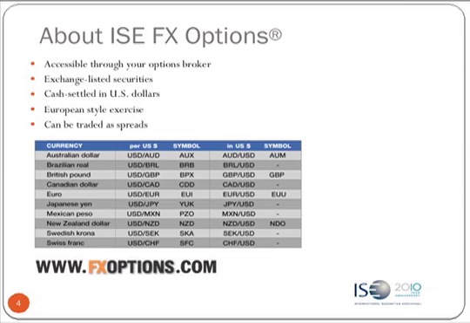You can have an opinion on a currency and get all the benefits of options, such as spread trading, buying a call, doing a condor, a butterfly, or a straddle like what we'll be discussing today. You can have limited risk, or if you want to go naked, you can have unlimited risk. So it's a very innovative product, with how they have it set up.